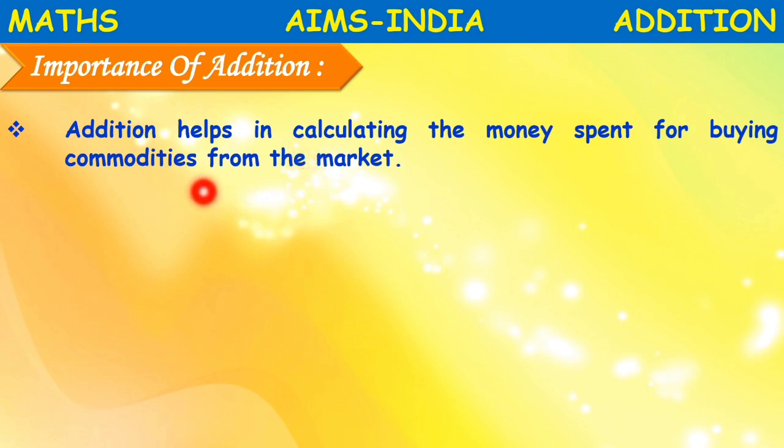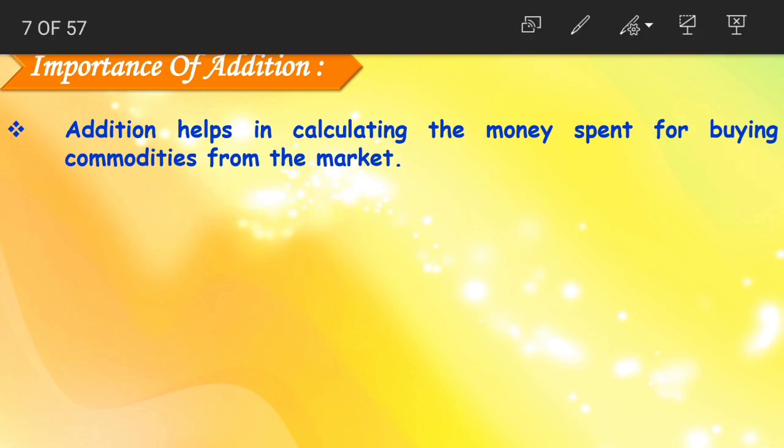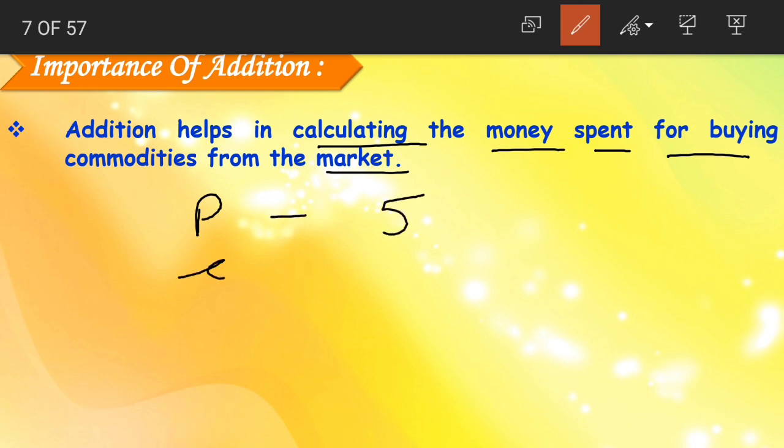Why is addition important? Why should you learn how to add numbers? Addition helps in calculating the money spent for buying commodities from the market. Suppose I went to the market and bought one pencil costing 5 rupees, an eraser costing 3 rupees, and a scale costing 5 rupees.